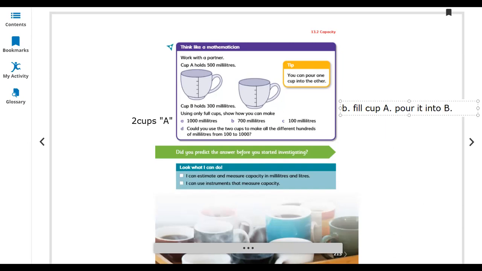So from 500, you pour into 300 here. So the remaining, what? 200. I'm not writing container, I'm just writing A or B. So 200 milliliter is left in cup A. Then pour this into a container.